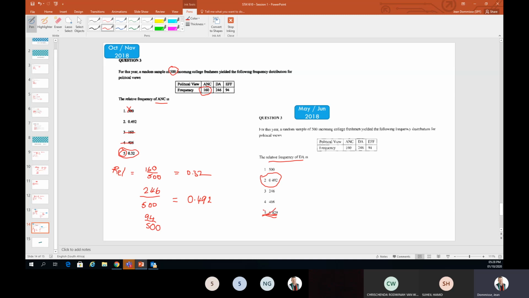So that then is, again, with 2 different options. In the exam that you guys write, they can ask exactly the same question. They can ask it in the one group for ANC. They can ask it for the other group, the DA. They can ask it in another group to work out the EFF.